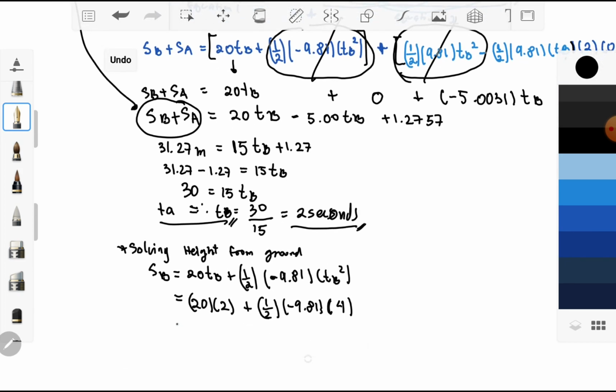So SB is equal to 20 times 2 plus 1/2 multiplied by negative 9.81 multiplied by 4. So we'll have a value equal to 20.38 meters, or approximately 20.4 meters.